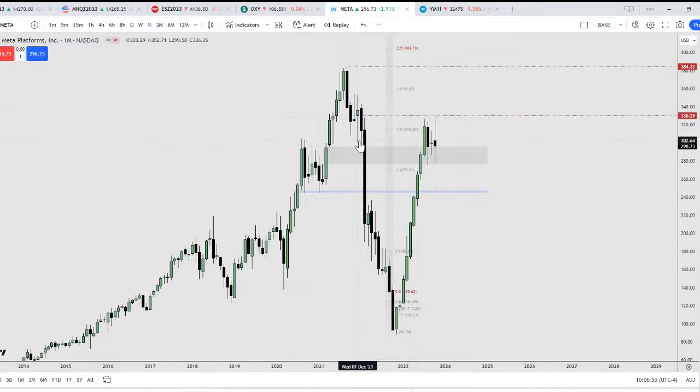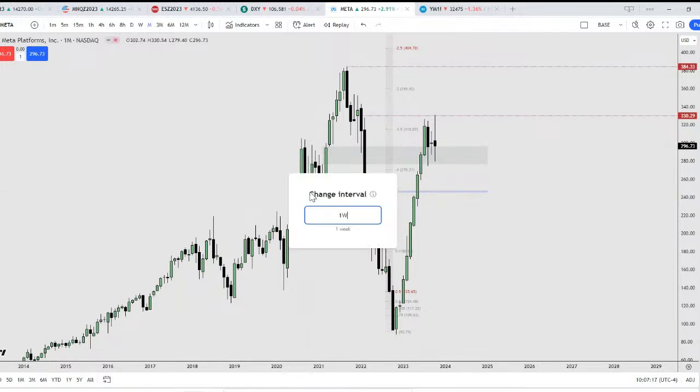If I do not get that, then this is a low probability proportion order block. But right here, we did get this strong rejection. So right now I'm looking to see if it can trade back into this balanced price range.